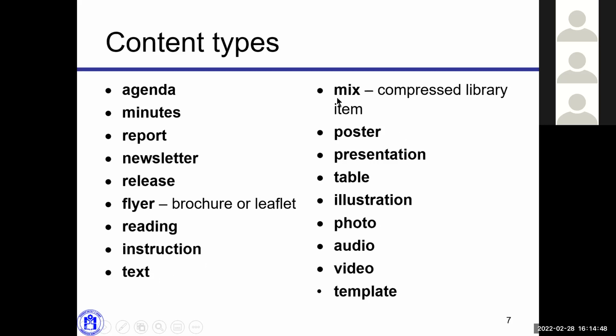Then we have a mix content type, which is often the case with a compressed library item, where you can find, let's say, the agenda of some meetings, a presentation, and the minutes of the meetings, all in one compressed library item.